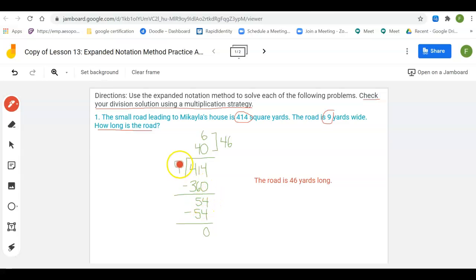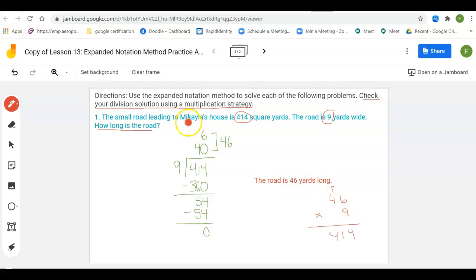So now I ask myself, 9 times what number is close to or equal to 54? 9 times 6 is equal to 54. And when I subtract those, the difference is 0, and I made sure to put my 6 right up here above the 40. Now, I needed to add these up for a total answer of 46. So the road is 46 yards long.